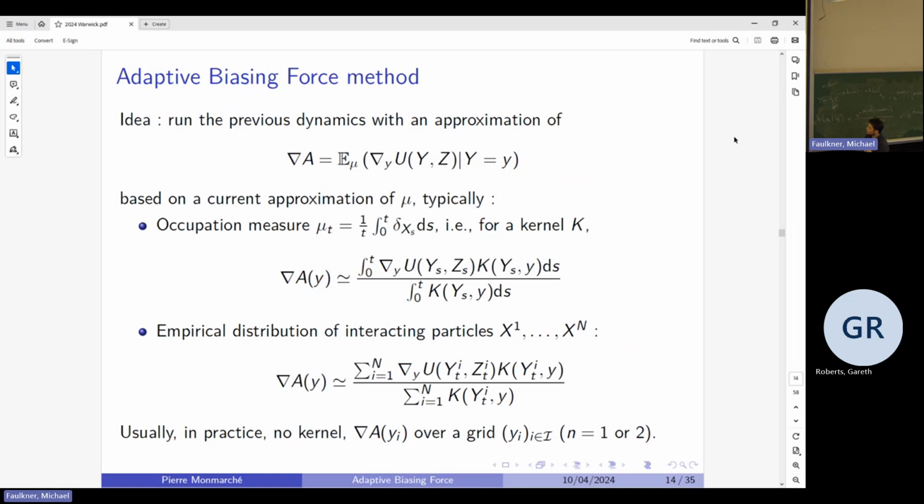Now you have some kernel here because you have a problem. Let's say we are in dimension larger than 1, but even in dimension 1 it would be problematic. That guy has probability 0 of a given y in general. You don't have a density with respect to the Lebesgue measure. So here K of y_s, y would be some maybe Gaussian kernel.